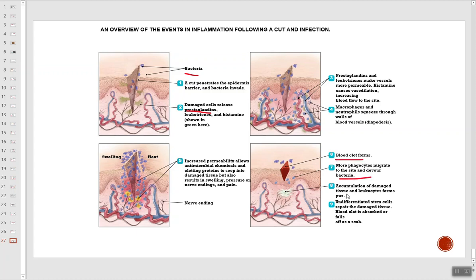The damaged tissue, the leukocytes, especially neutrophils, are going to form pus. Stem cells are going to repair the tissue, and then the blood clot is going to be absorbed, or the part of the blood clot that's over here on the surface of the skin eventually will become a scab and fall off.